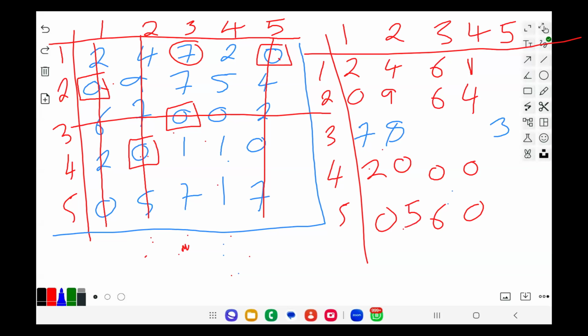Then we go to the zeros: 0, 4, 0, and 7. That's that. You only do this if the number of squares that you did at first is not equal to the rows.